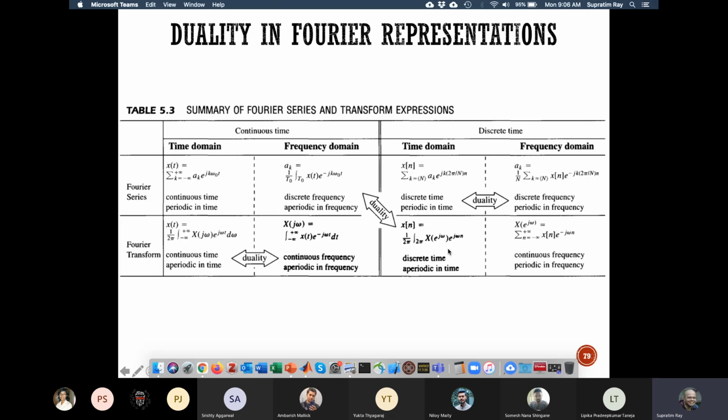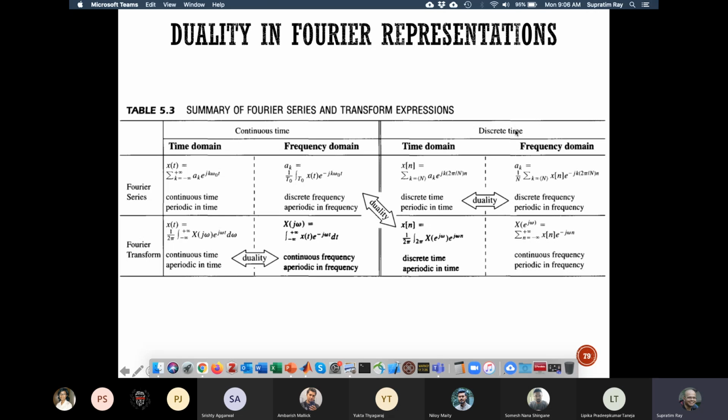And we have the discrete time Fourier transform, which is for a discrete signal that is aperiodic in time. And then the frequency representation omega here is again continuous. This is the formula. So it is continuous in frequency, but it's also periodic in frequency because it repeats after every 2 pi.